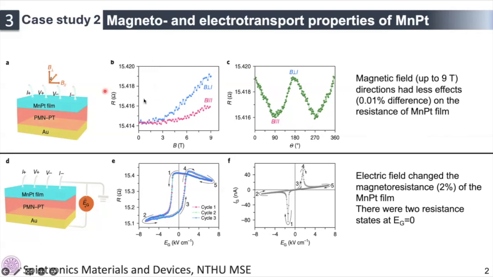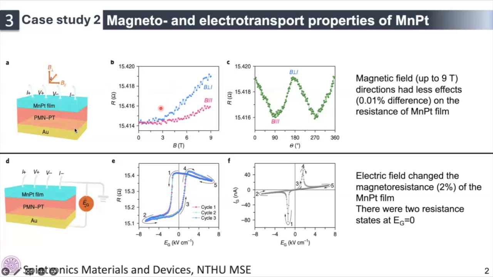The external magnetic field was exerted at a certain angle with respect to the manganese platinum film. The result is in figure B and C. It's clear that the large parallel or normal magnetic field only causes a 0.01% change in the resistivity or the resistance of the manganese platinum.